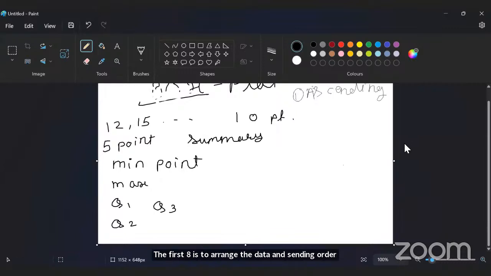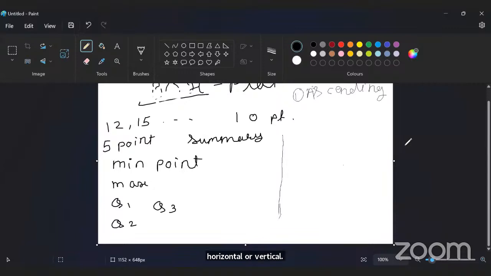Then draw the scale for the box plot. We want one axis. It might be horizontal or vertical. I am drawing vertical here.